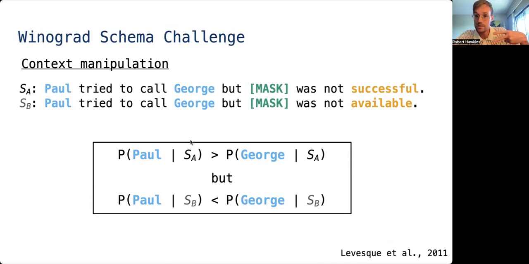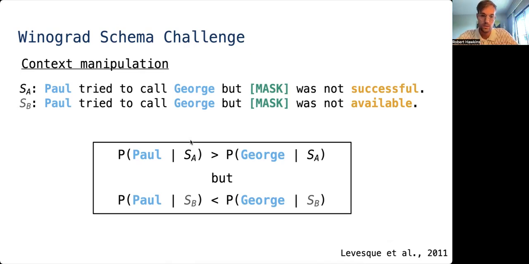They come in pairs where a single context cue, here successful or available, flips the prediction. So it's a very minimal modification to a sentence that dramatically changes the interpretation of a pronoun. So essentially, "but he was not available."